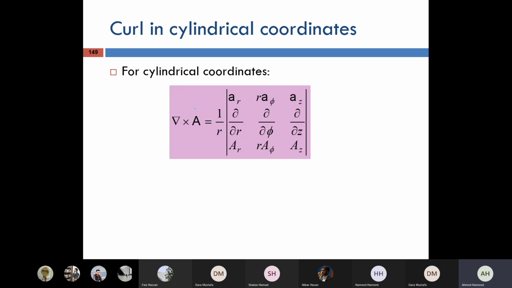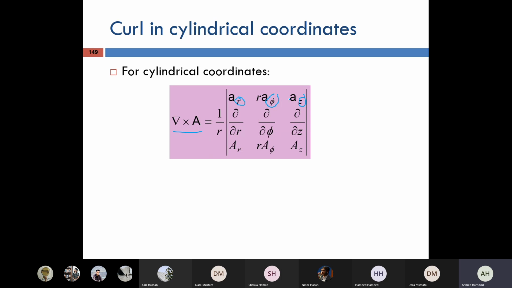Then of course for the cylindrical coordinates, we use this formula for delta cross A, where you have 1 divided by rho, then the rest becomes the same. But be careful, guys, you have to know the variables of the cylindrical system, which are r, phi, z. Before you solve any question, you have to identify the coordinate type.